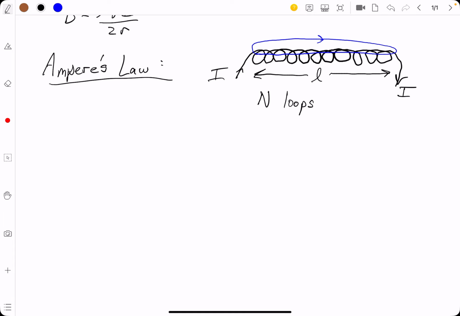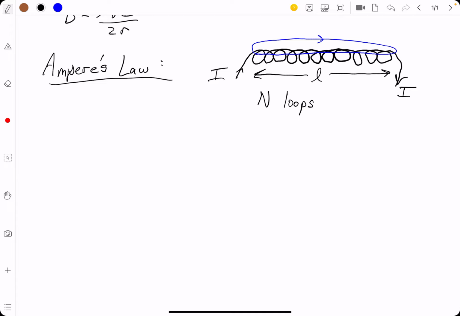And so we've got this solenoid, and I kind of loosely drew it here. I think it's a little better than the one I've got in my notes, but maybe not quite. We've got some length L. We've got the current going in on one side and coming out on the other.